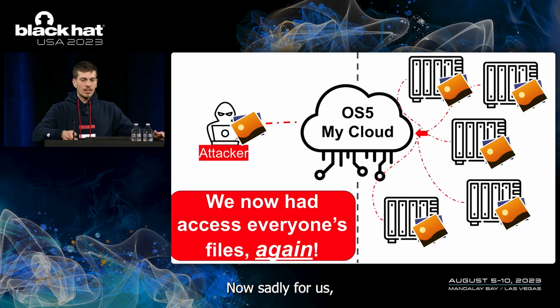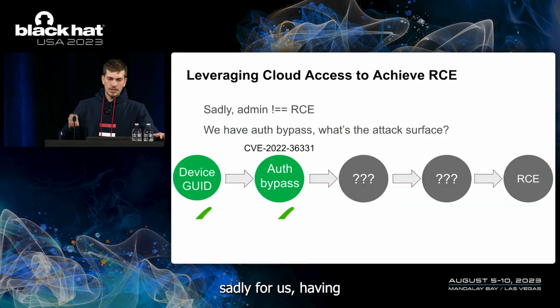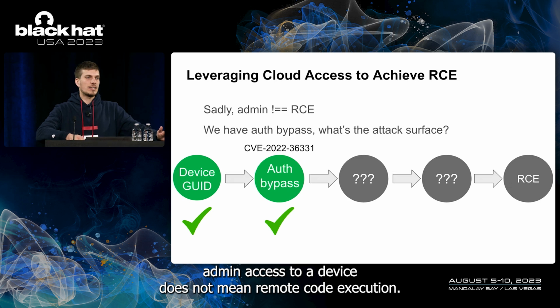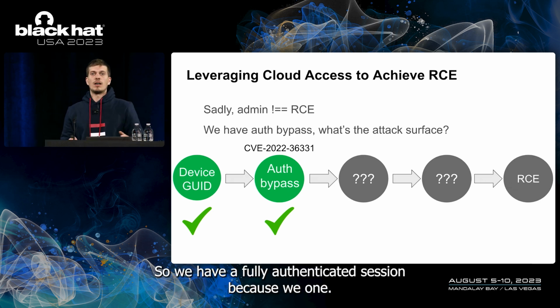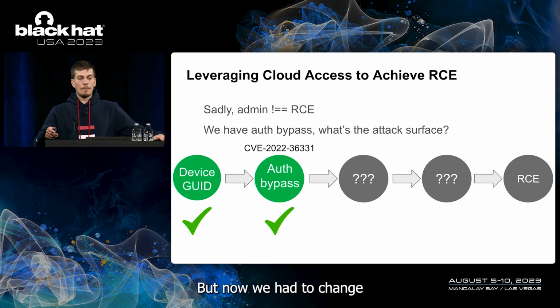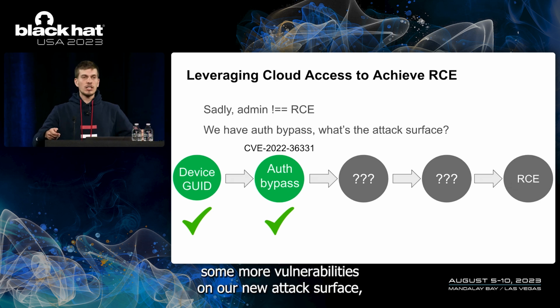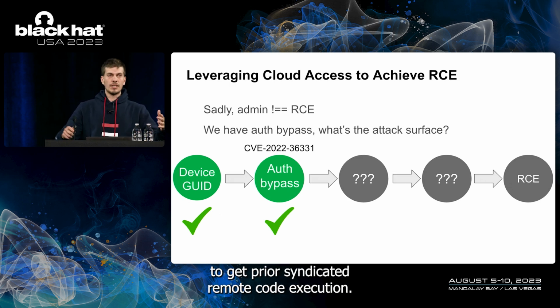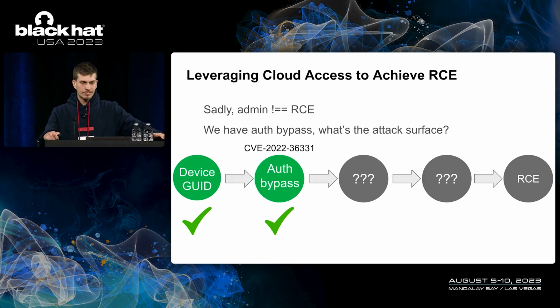Now, sadly for us, having admin access to a device does not mean remote code execution, right? So we have a fully authenticated session because we stole one, but now we had to find some more vulnerabilities on our new attack surface, which is authenticated user, and chain everything together to get pre-authenticated remote code execution.